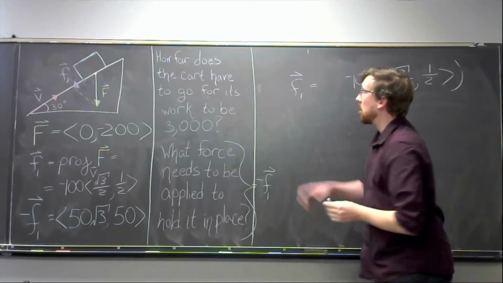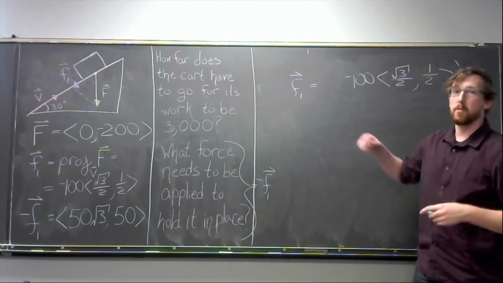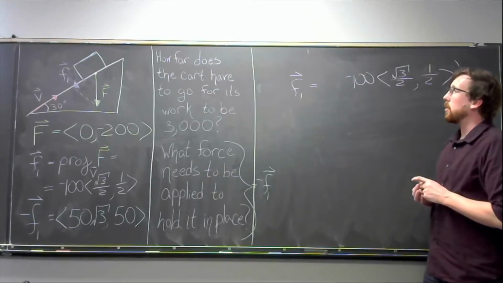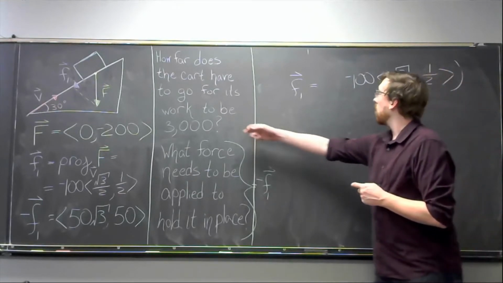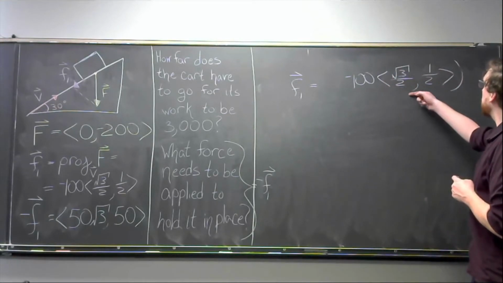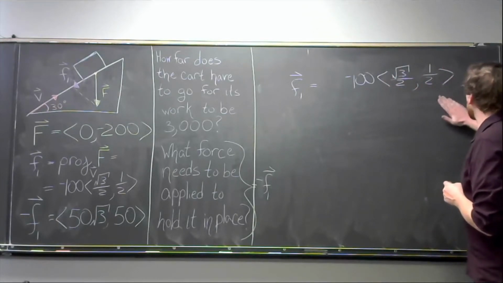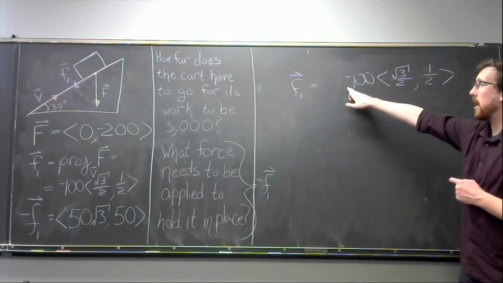Notice that we solved for F1. That's where we should start. When we solved for F1, what we found was a vector, a unit vector, right? With a magnitude of negative 100.